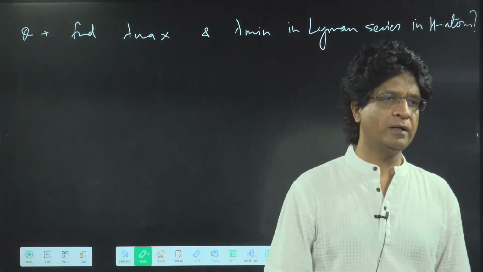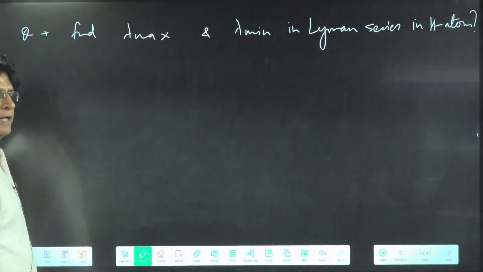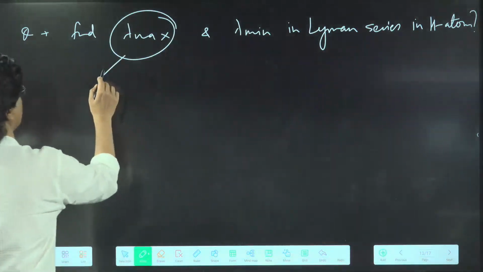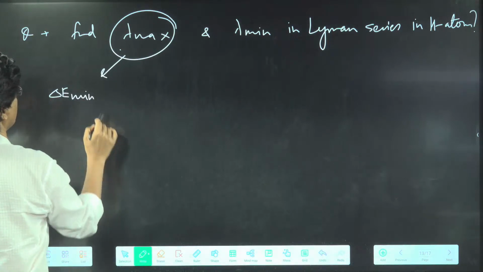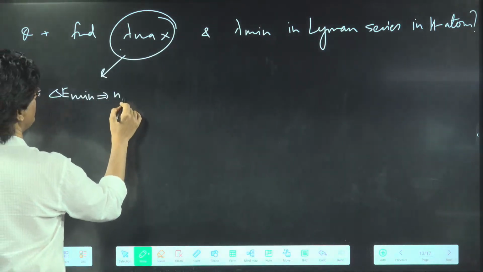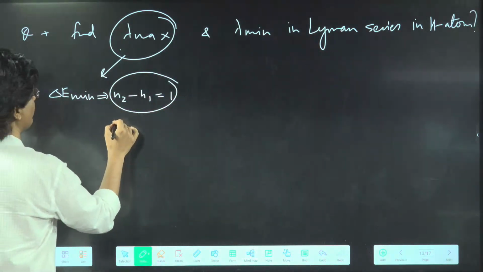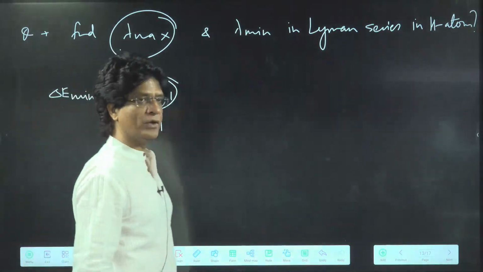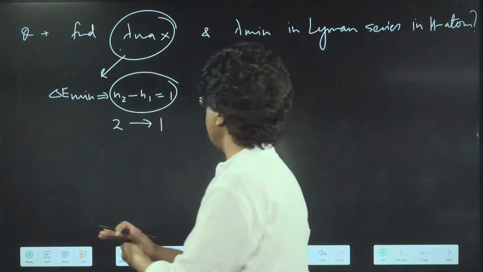For lambda max, I need delta E to be minimum. Delta E will be minimum when N2 minus N1 is equal to 1. That means the electron should jump from 2 to 1 in the Lyman series.